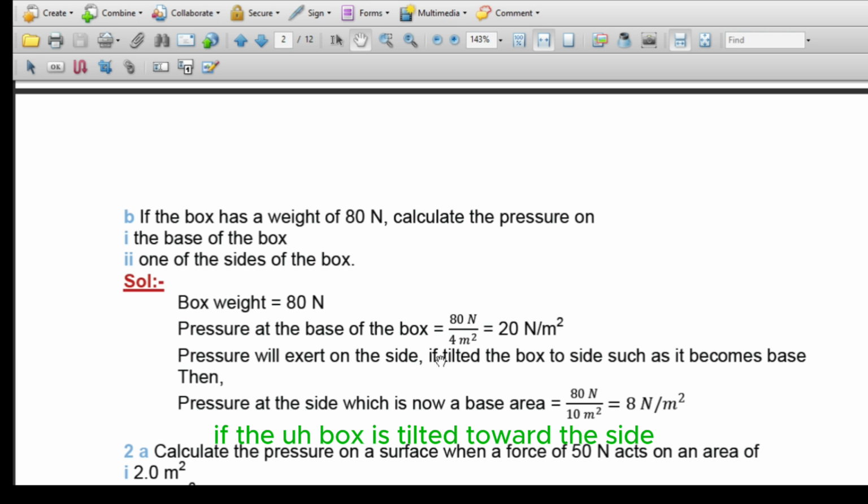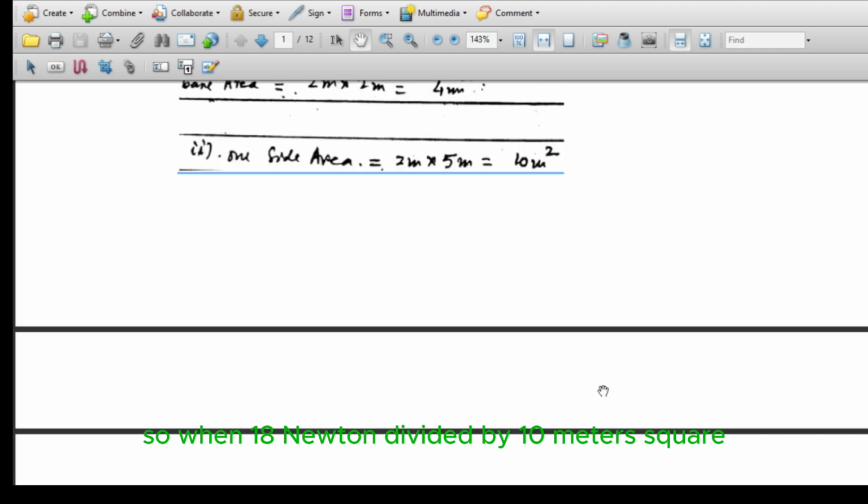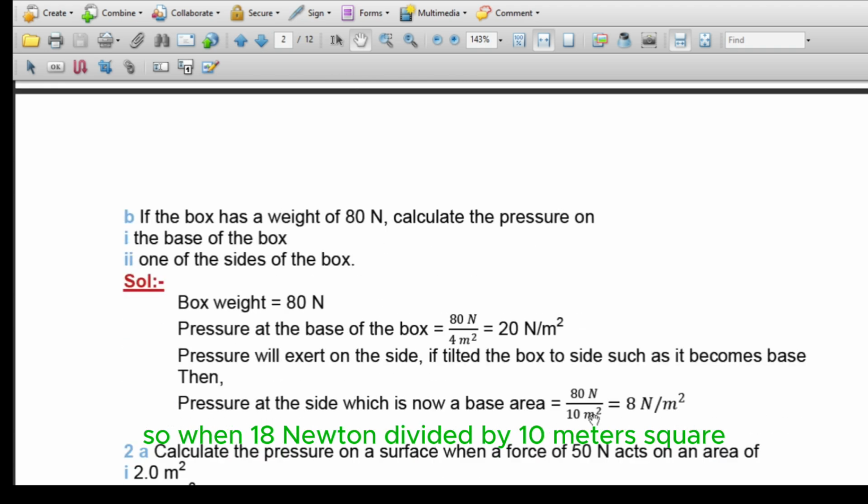If the box is tilted onto one of its sides, then the base area becomes 10 meter square, so 80 Newton divided by 10 meter square gives a pressure of 8 Newton per meter square. Because the area is wider, the pressure is lower.